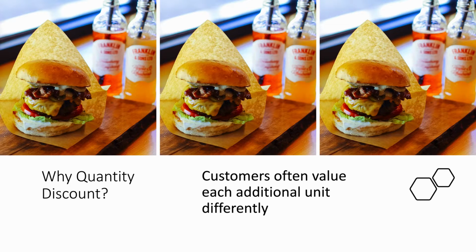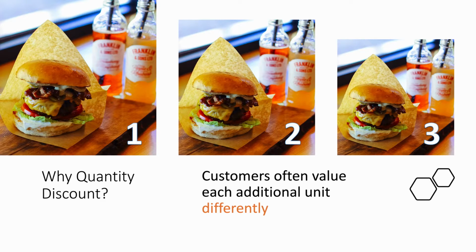The second one is still pretty good, but you're not as hungry. And the third one, even less so. Customers often value each additional unit of the product differently. When they buy more or consume more, they tend to have lower valuation for the additional quantity they purchase. So this is why it might make sense to offer a quantity discount in the market.